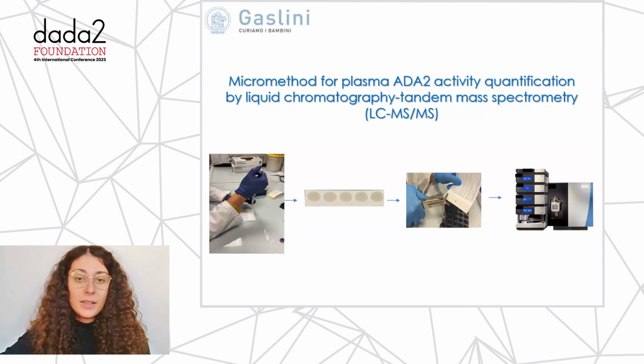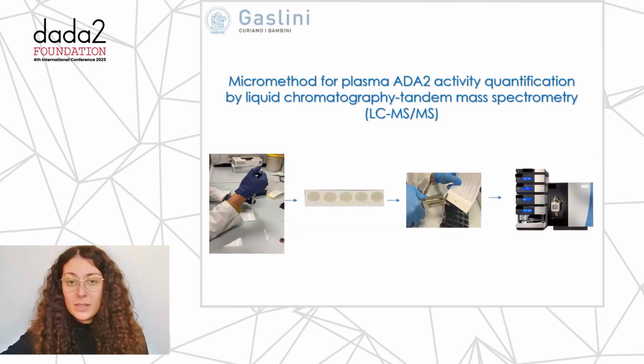Liquid chromatography tandem mass spectrometry is considered nowadays the gold standard technology for the measurement of small molecules like inosine, adenosine, and hypoxanthine. Liquid chromatography is a separation technique based on a liquid phase, a mobile phase, which is a liquid, in which the samples are dissolved.